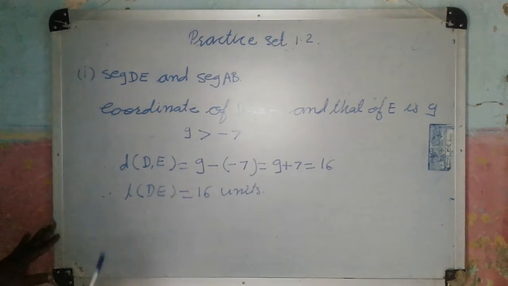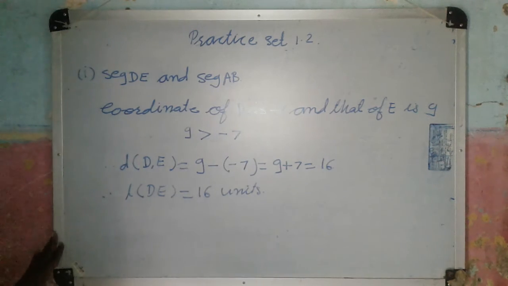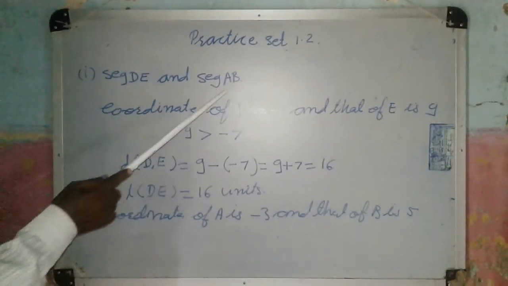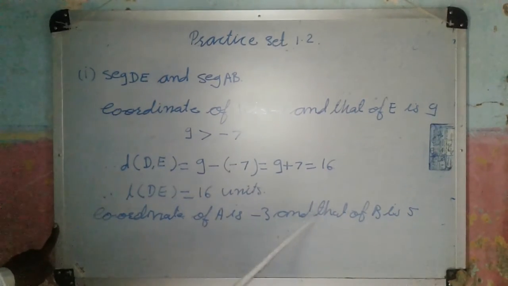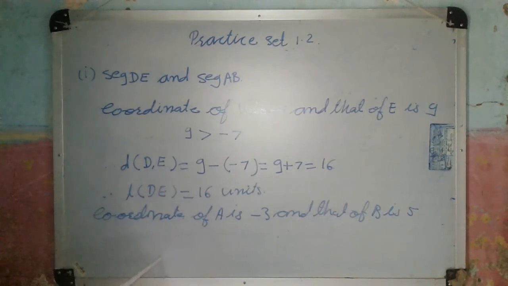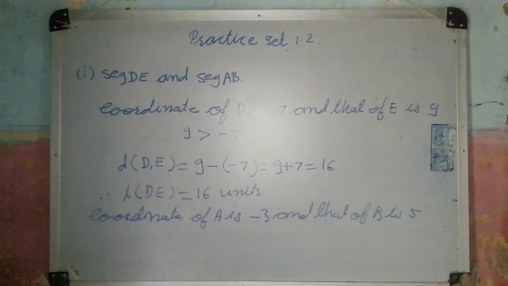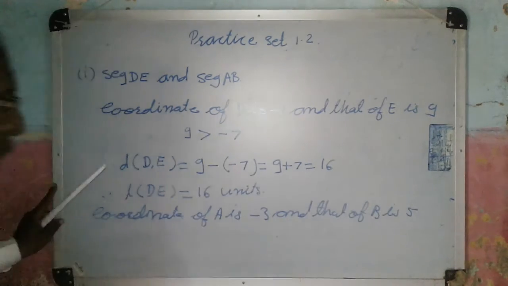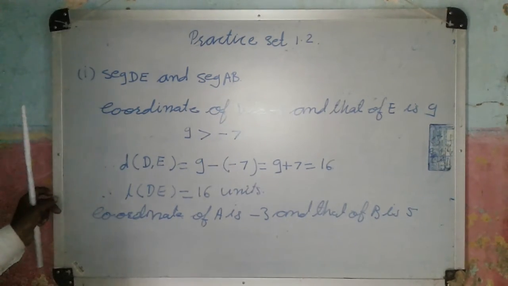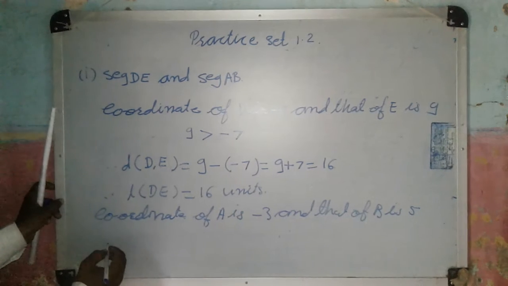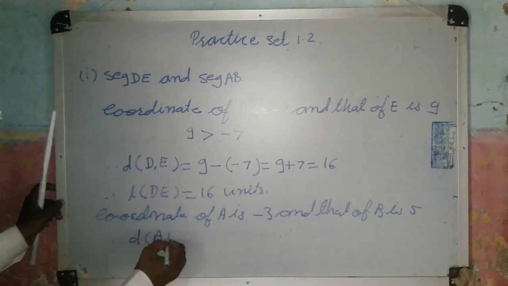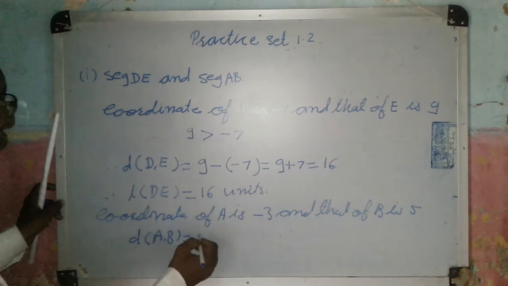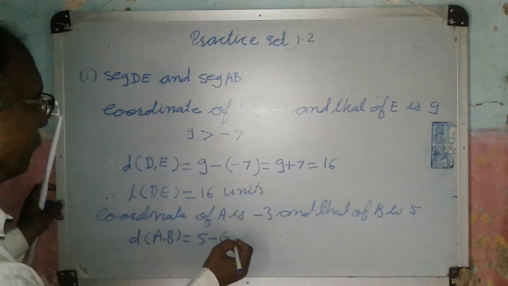And now we will find distance AB. Coordinate of A is -3 and that of B is 5 according to the table. So here 5 is the larger coordinate, -3 is smaller. Therefore distance of AB is equal to 5 minus (-3).